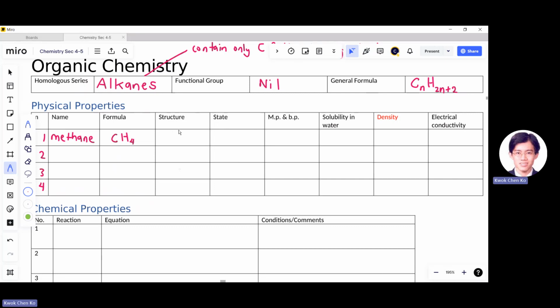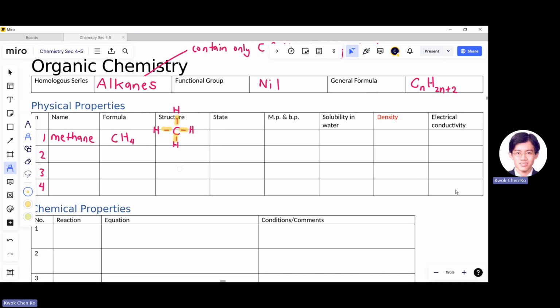Now, how to draw the structure? Like that. Okay, so check. I have 4 covalent bonds: 1, 2, 3, 4.